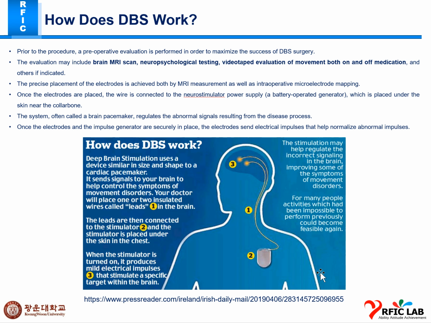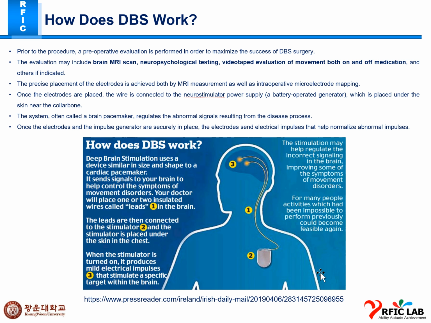Now, how does DBS work? A pre-operative evaluation is performed prior to the procedure in order to maximize the success of DBS surgery. Evaluation may include a brain MRI scan, neuropsychological testing, videotaped evaluation of movement both on and off medication, and others if indicated. Precise placement of electrodes is achieved both by MRI measurement as well as intraoperative electrode mapping.